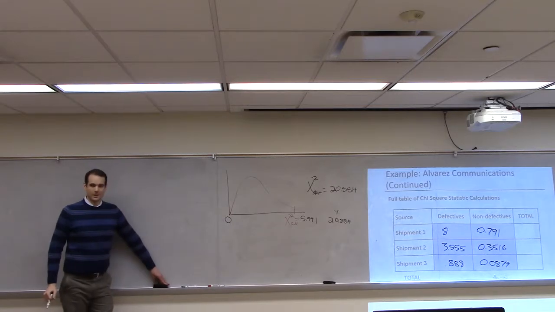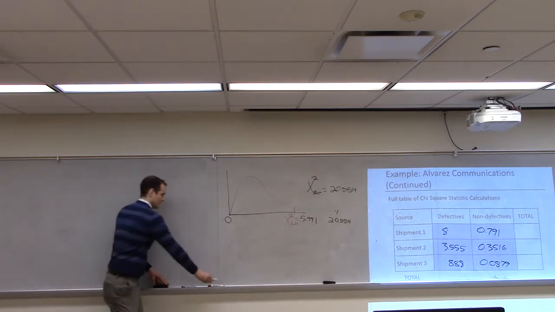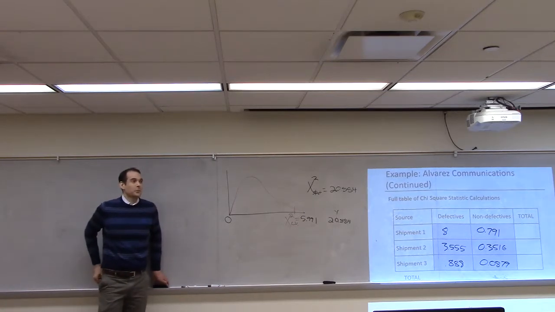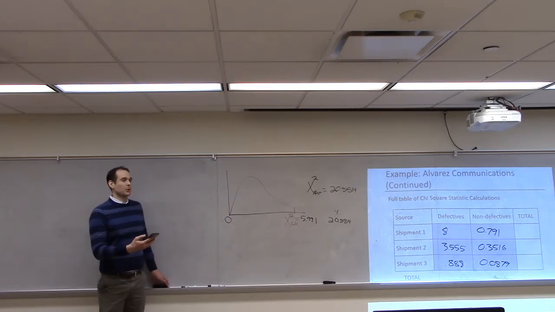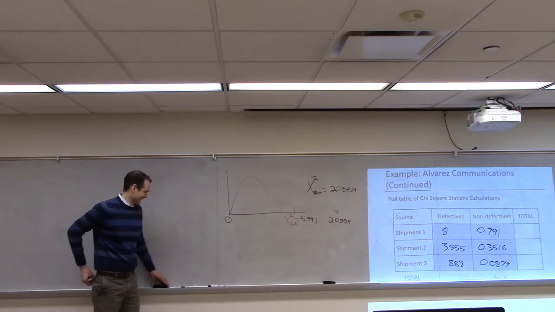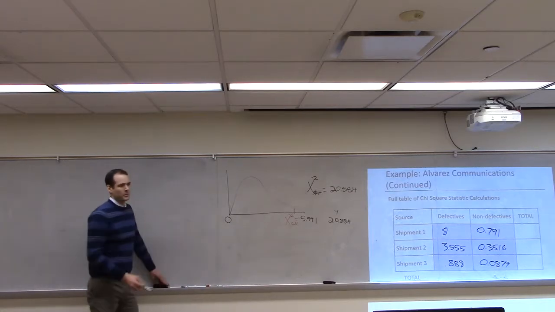Alright, what is our decision? We reject. Again, what are we rejecting? The shipment defective? No. That the proportion is all the same. So what's our null hypothesis one more time?